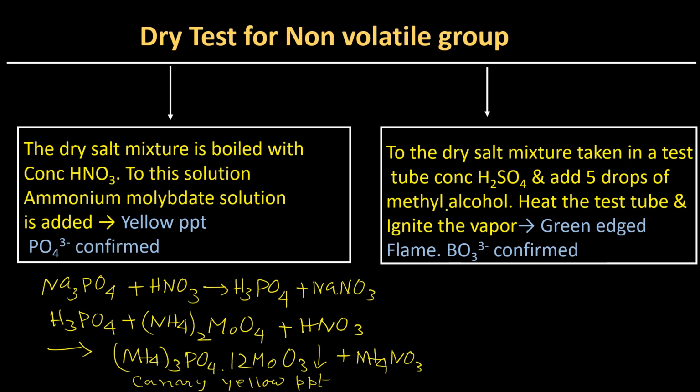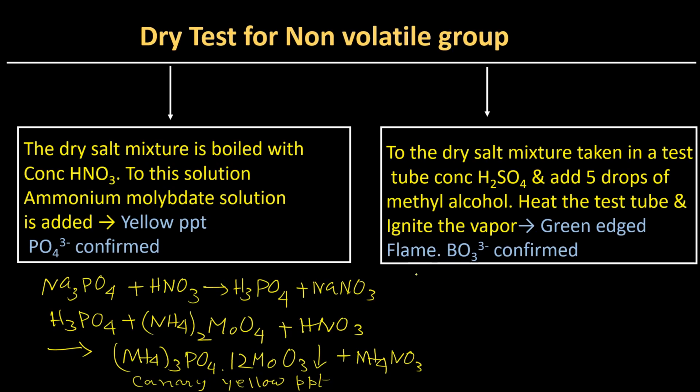Now coming to the test for borate. Here you take the salt mixture in a test tube, add concentrated sulfuric acid, and then add methyl alcohol. You heat it, the vapor will come out, then you ignite the vapor and you'll get a very nice green edged flame.